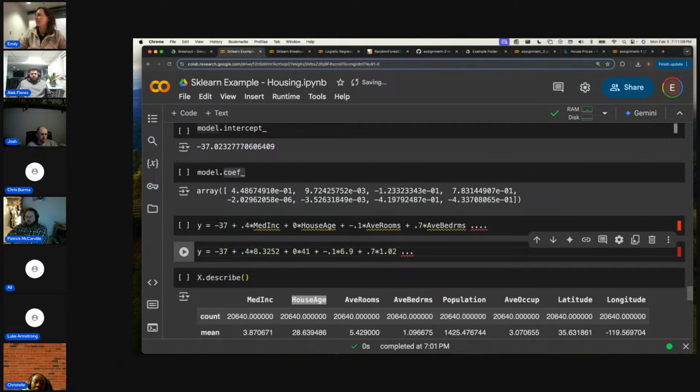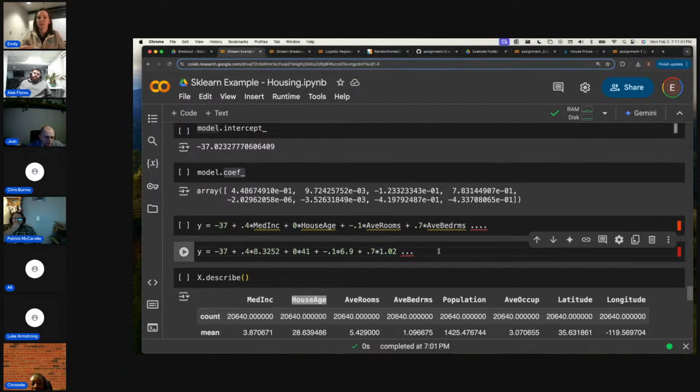If you actually gave me a new record, this is the way that inference works in this machine. You gave me a new record and you said, predict the house price for this. I don't know what the house price is. And you told me the median income was 8.32. You told me that the house age was 41. You told me the average rooms was 6.9. You told me that the average bedrooms was 1.02.